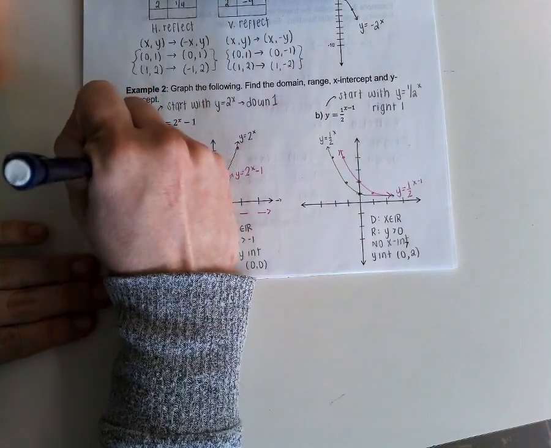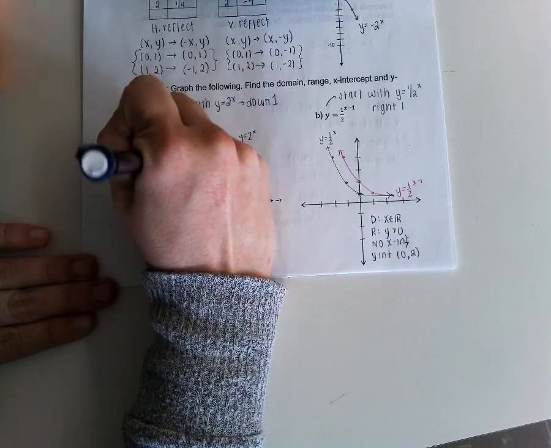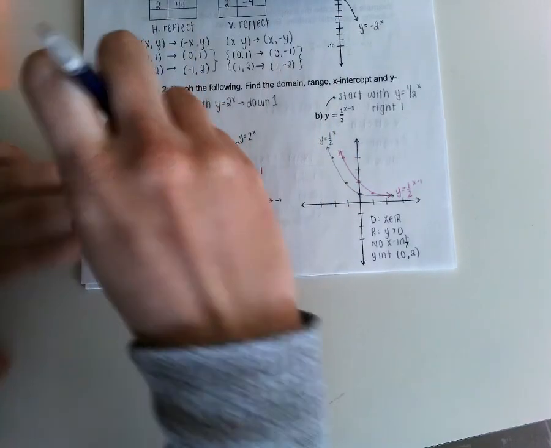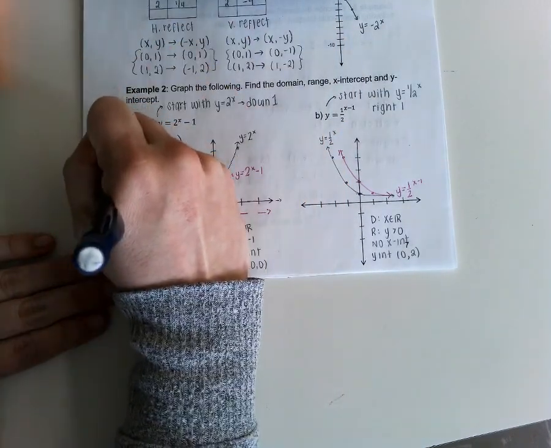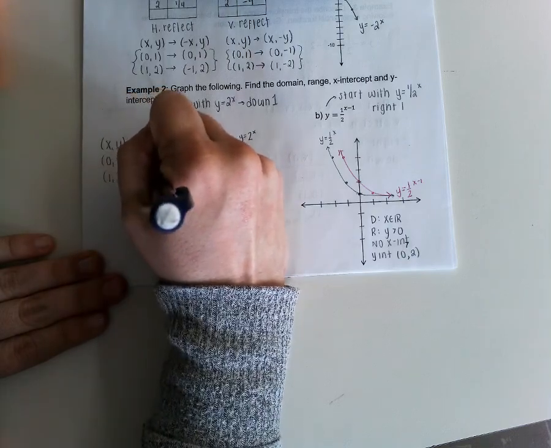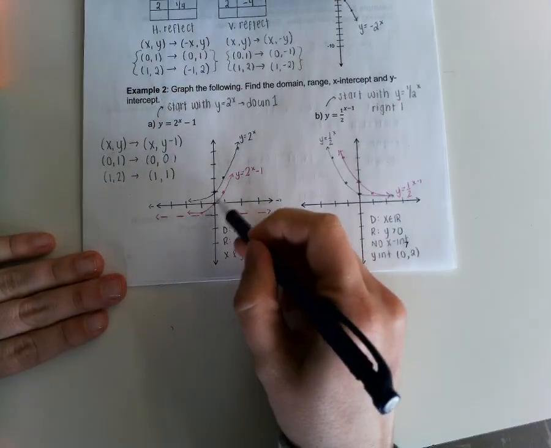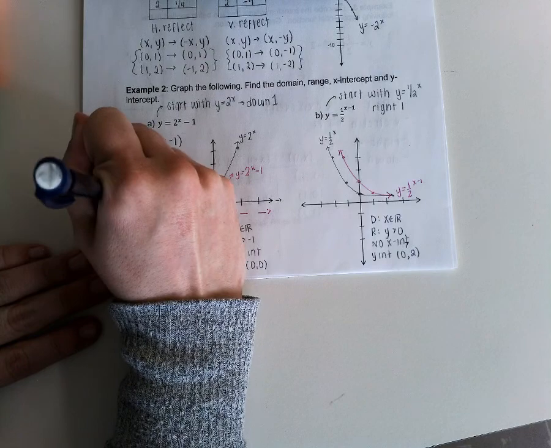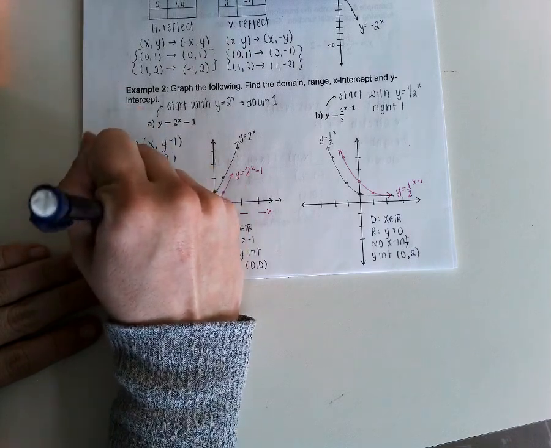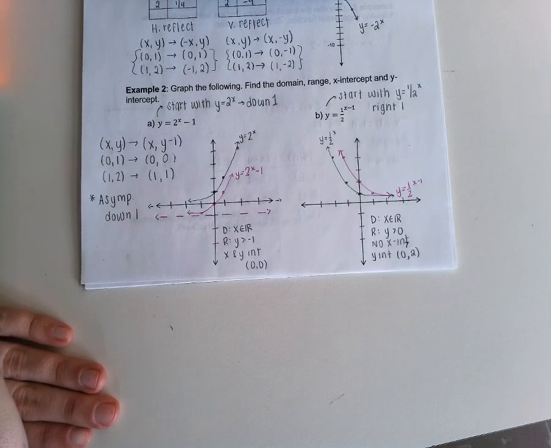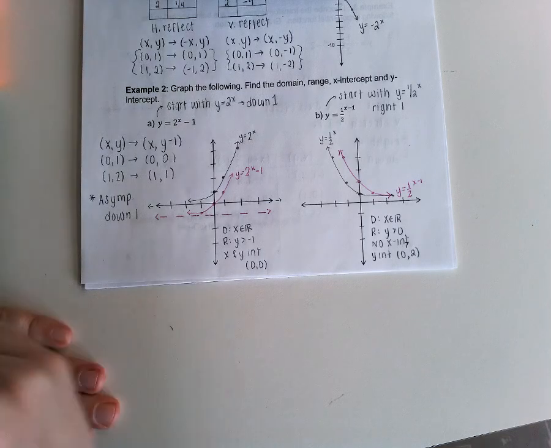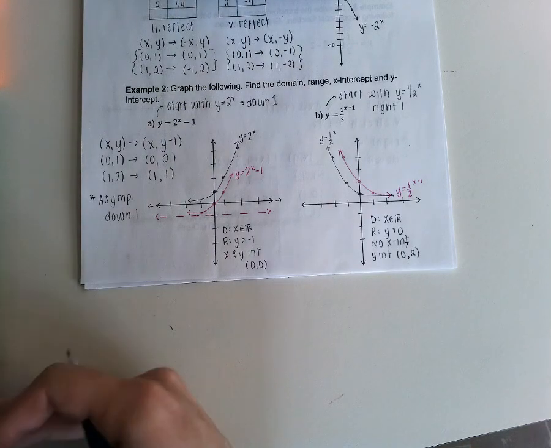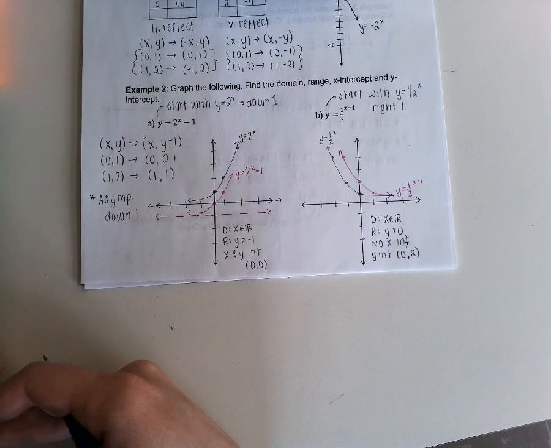So the point 0, 1 becomes 0, 0, and the point 1, 2 becomes 1, 1. You can see those points there. Now the thing to notice here is that the asymptote moves down 1. So with vertical transformations, your asymptote will also move. Basically, if you're doing a shift up or down, your asymptote will move. Nothing else will really move that asymptote.